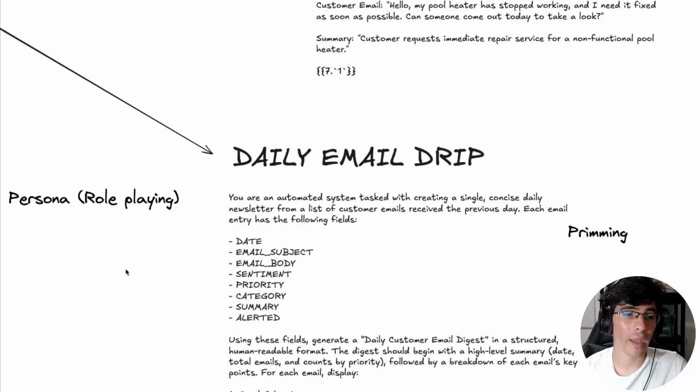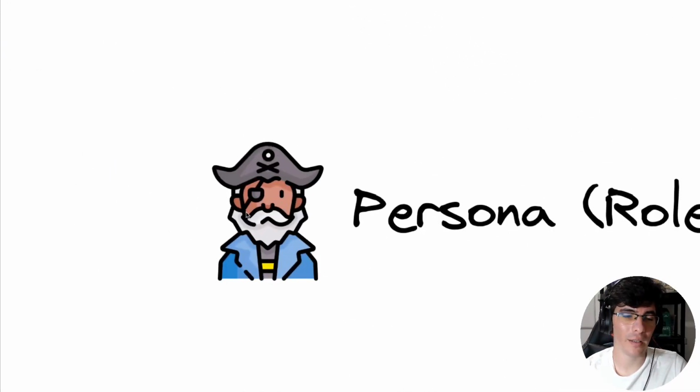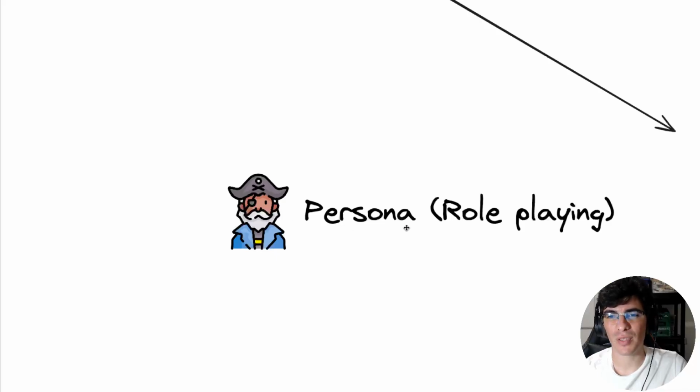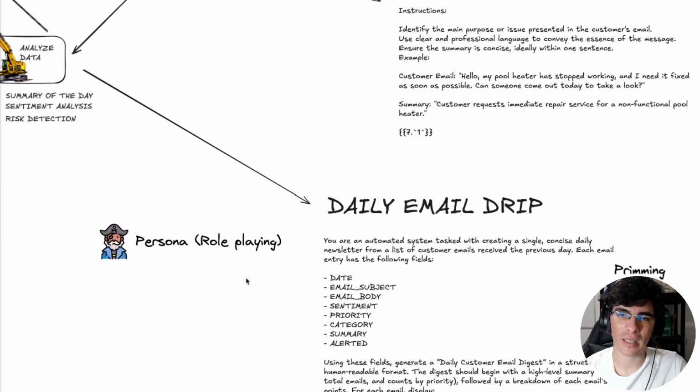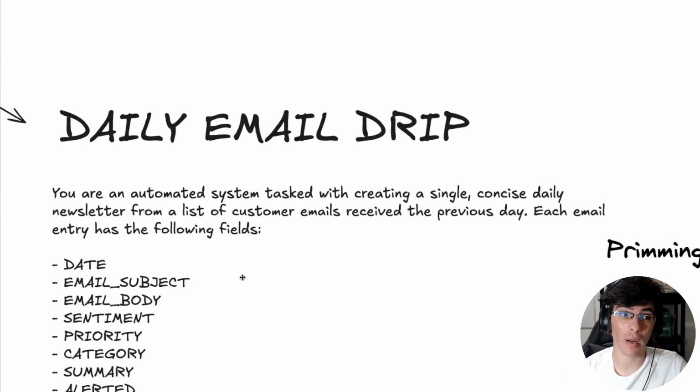So what I also added here, yeah, we have a pirate, I know. It's a persona, a role-playing persona, and it's something pretty common in advanced prompting. Let me know if you want to see more of this type of content talking about prompting, because sometimes it's not really discussed thoroughly, and it's just glossed over.